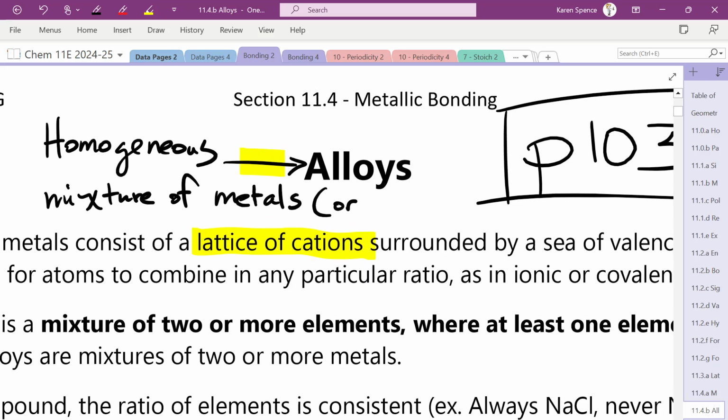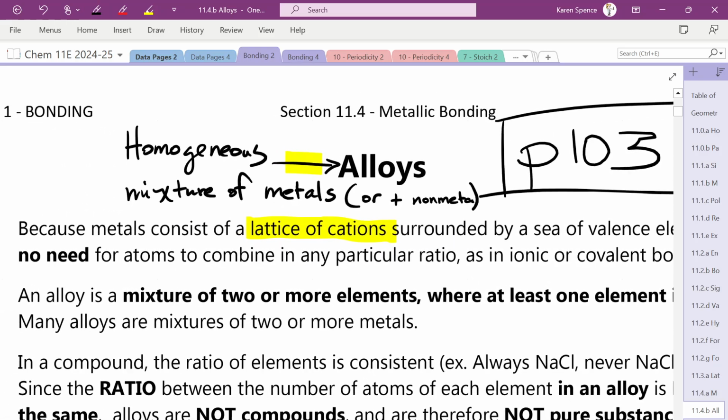Sometimes we can throw in a nonmetal like carbon in steel. Yeah, alloying something is a physical change. So there's no need for any particular ratio.